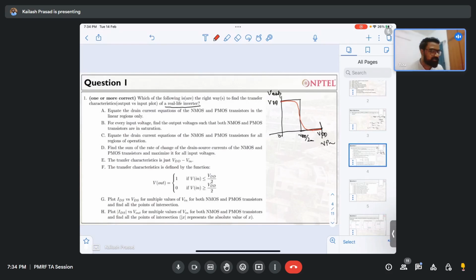I'm not getting an answer. From the DC characteristic of the PMOS and NMOS inverter, from that we can derive the transfer characteristic, that means the output voltage versus input voltage graph. So from your perspective, which should be the answer from A to H?